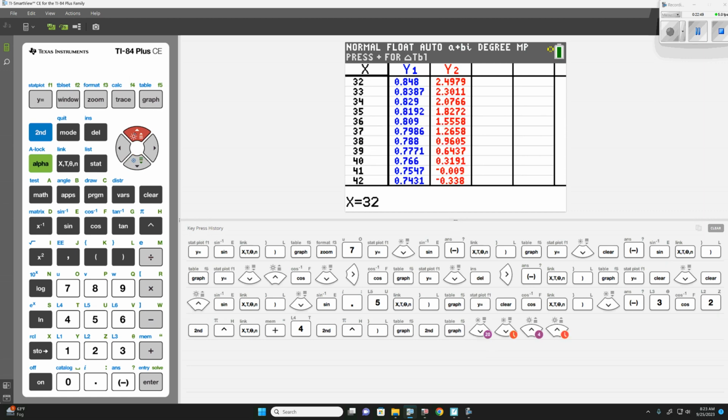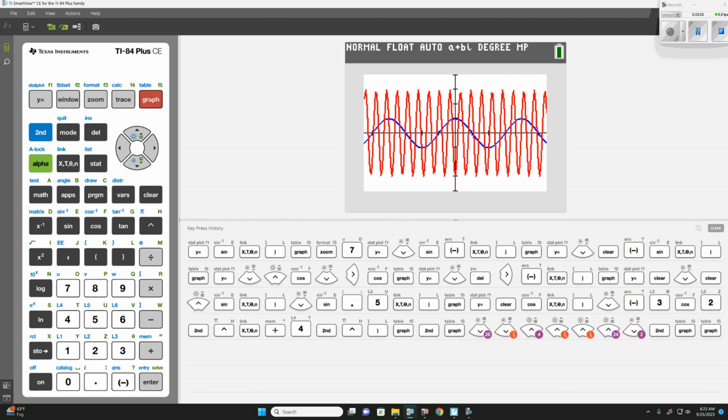No reason to keep doing that. But it will get close because 2 pi, for it to repeat itself for cosine, is 6.28 going on.